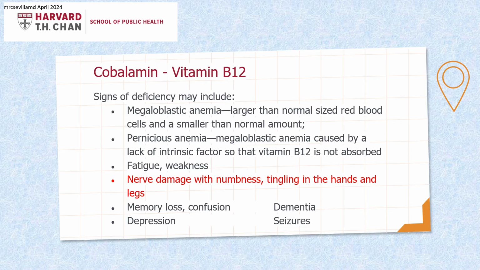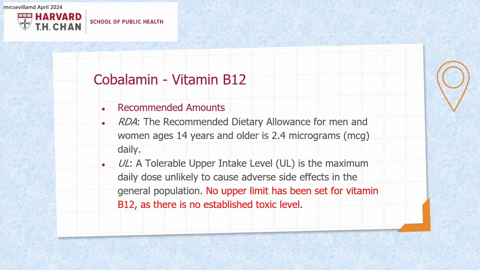Other signs of B12 deficiency are megaloblastic anemia, where red blood cells are larger in size, fatigue, weakness, and nerve damage and dementia. So supplementation and maintenance of adequate vitamin B12 levels may be beneficial. The recommended daily adult dose is 2.4 micrograms per day with no identified toxicity level.